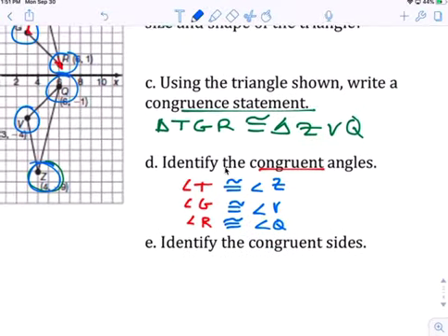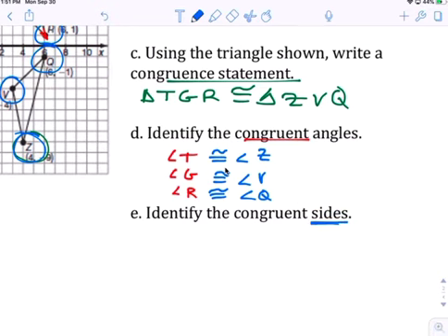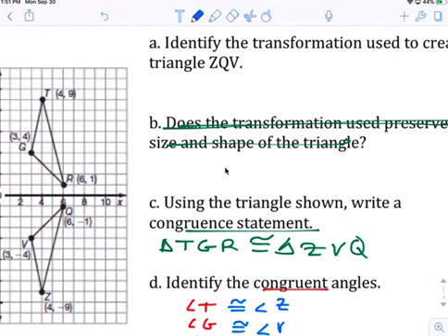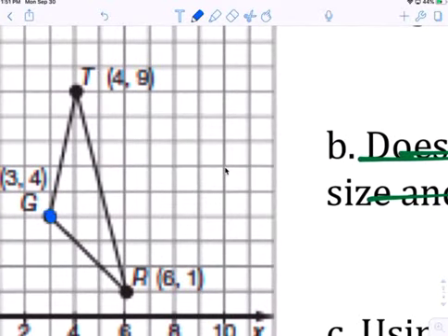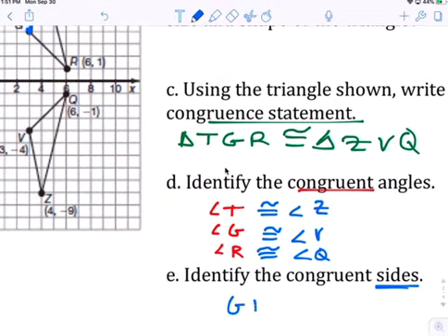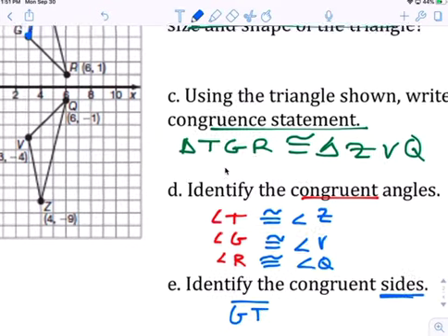Okay, and this one, congruent sides. Let's list all the sides. Here's the first side. To make one side is letter G and T. Side GT. Those two letters make that one side.